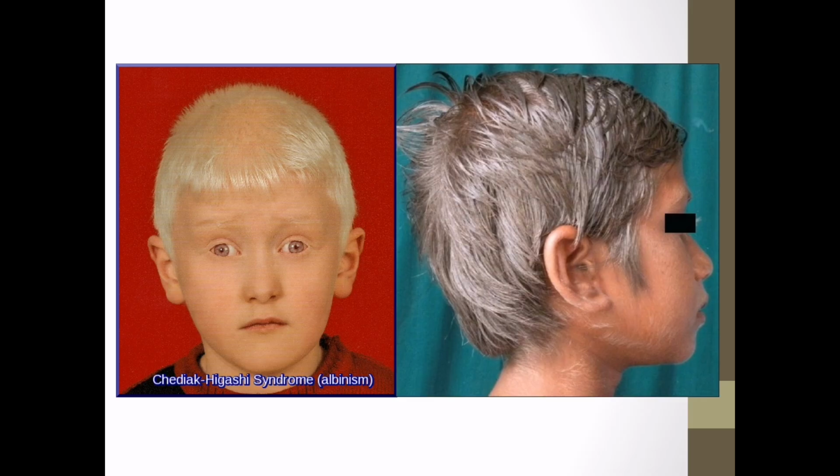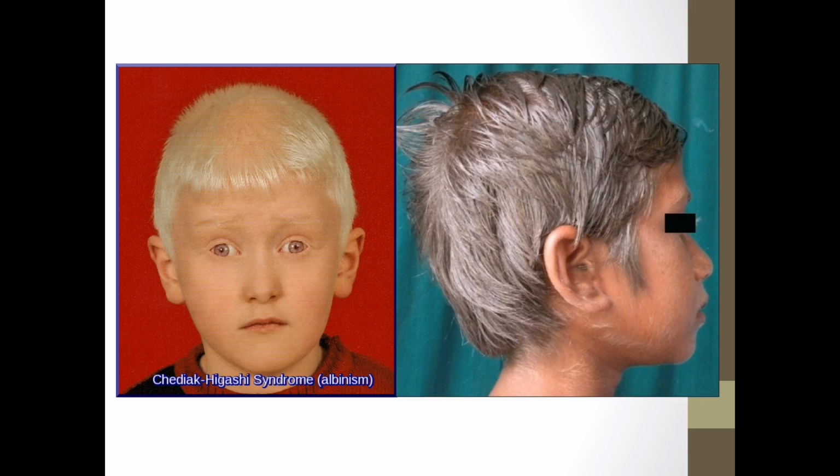If we summarize the defects in phagocytic abnormality, these are three diseases. The first one is chronic granulomatous disease, in which there is a defect in the phagocytic cell oxidase enzyme, so the phagocytic cells are not able to kill the engulfed microorganisms.